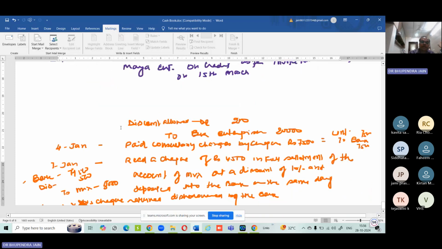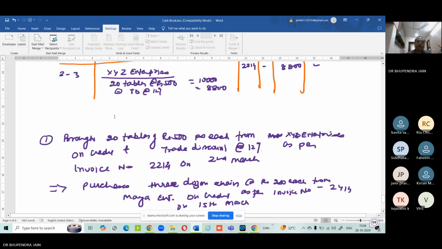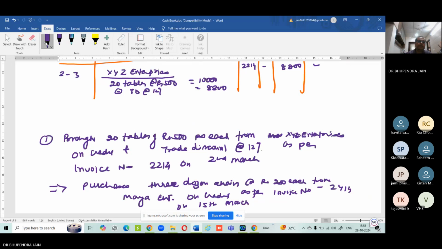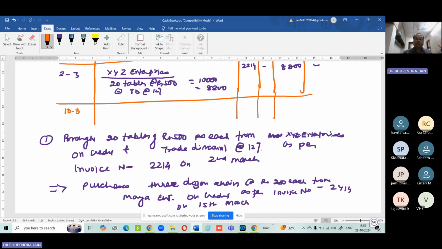Now the transaction relates to the day book. So in the day book, first write down the date. I think 10th of March, maybe, I don't know, let's check. The party name is Maya Enterprises. And write down the quantity here.